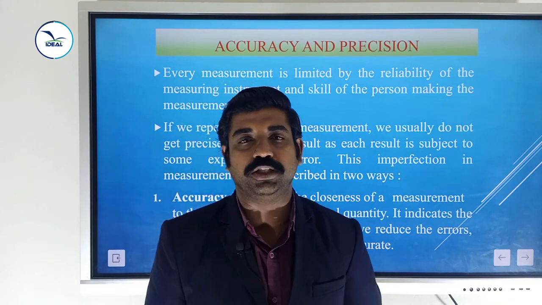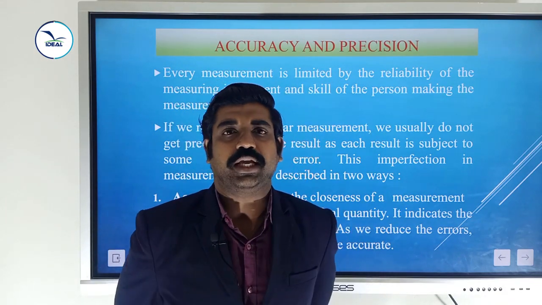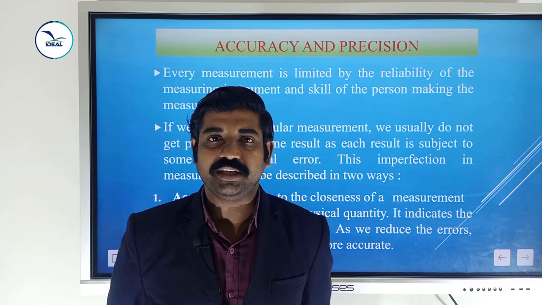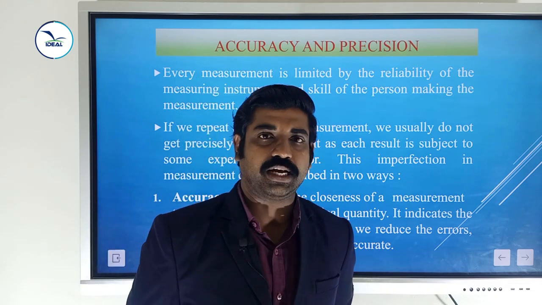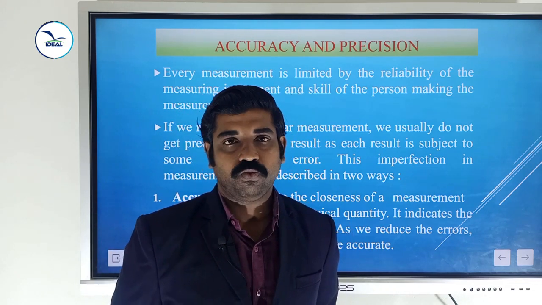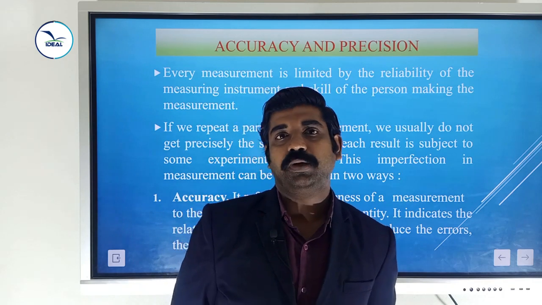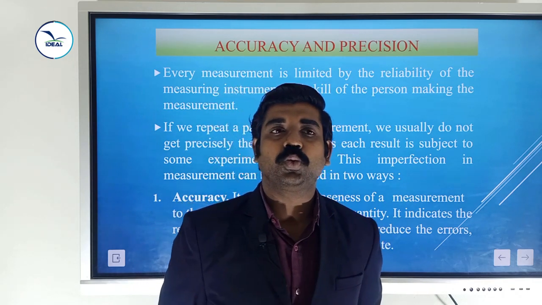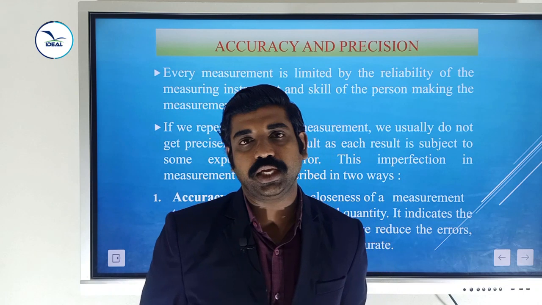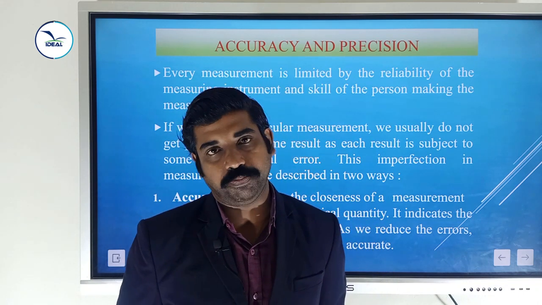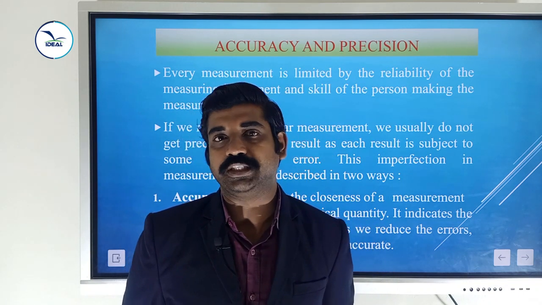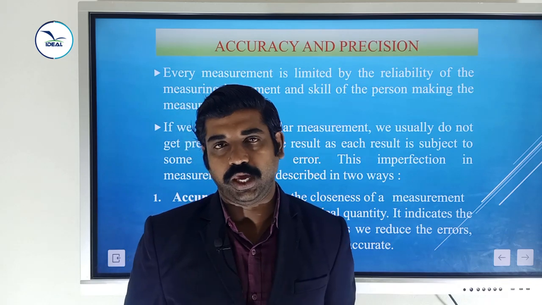Accuracy and precision. What is accuracy? Accuracy means less error. What is precision? Precision is the limit to which we are taking a reading or a measurement. Okay.